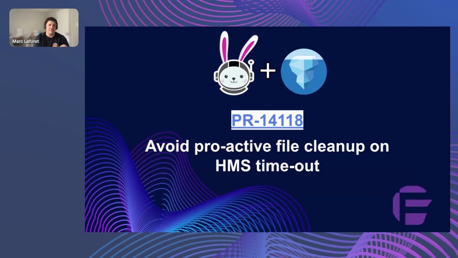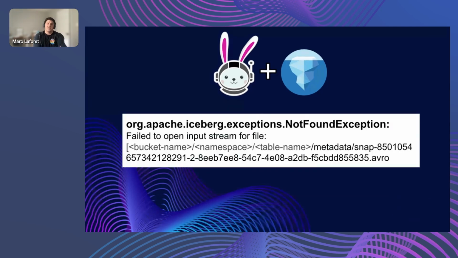What was happening here was that Trino was writing to the Hive Metastore, but the connection between Trino and the Hive Metastore was severed. And so it didn't know if its commit actually succeeded or failed.